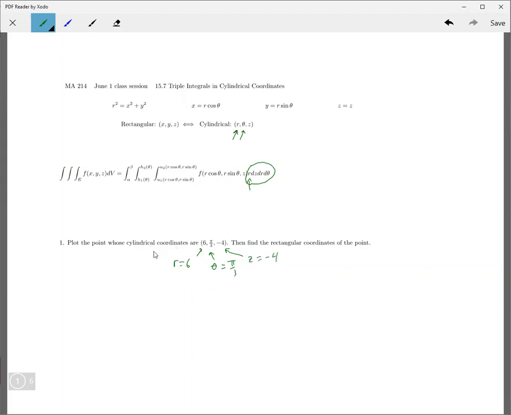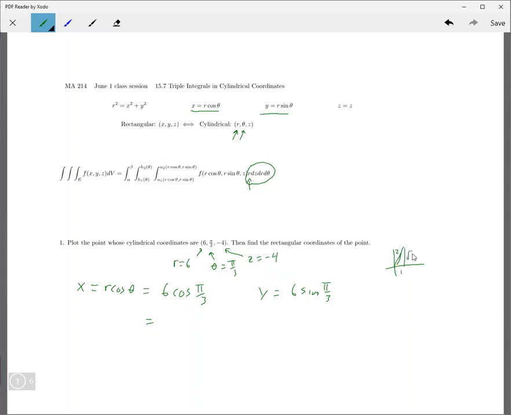So right here, these are the cylindrical coordinates, and we're supposed to find the rectangular coordinates. When going from cylindrical to rectangular, you just use these two formulas here. So x is 6 cosine of pi over 3, and then y is 6 sine pi over 3. Pi over 3 is this angle here.